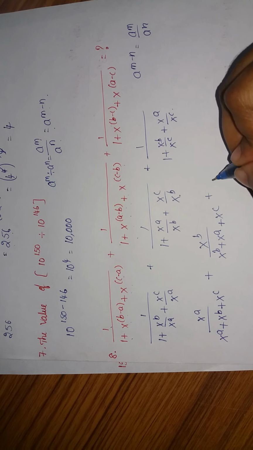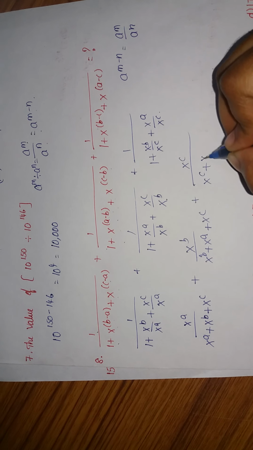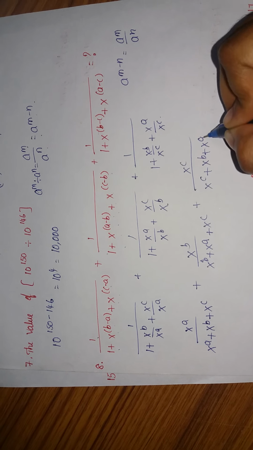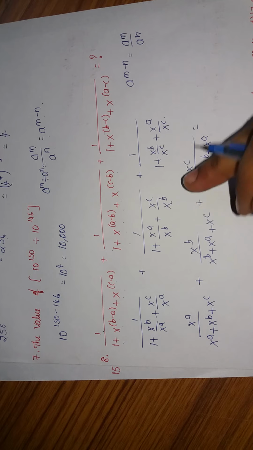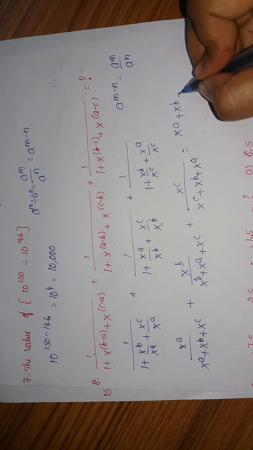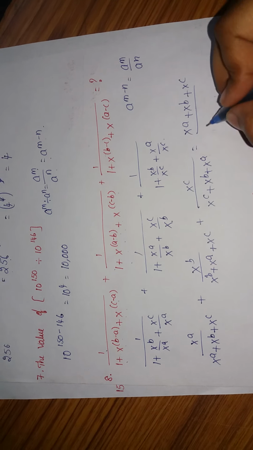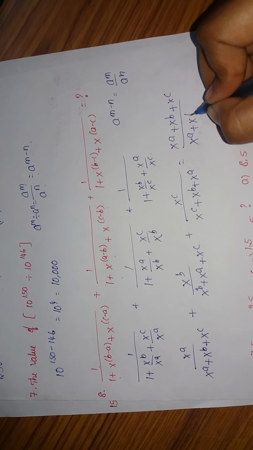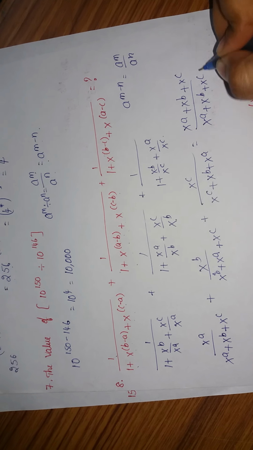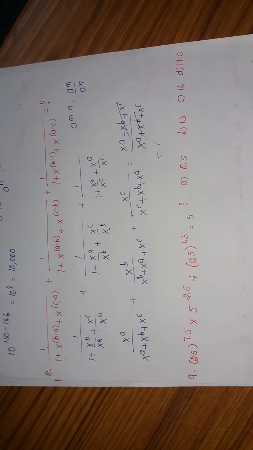Same way, here LCM is x power of c, so x power of c by x power of c plus x power of b plus x power of a. So by adding all these terms, we can get the numerator as x power a plus x power b plus x power c. Here, the denominator is also the same, x power of a plus x power of b plus x power of c. By cancelling those two terms, we can get the answer as 1.